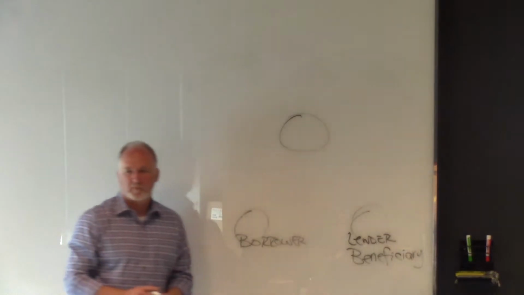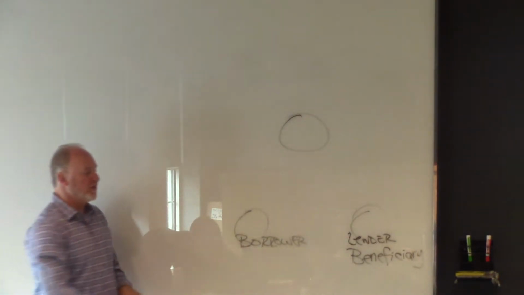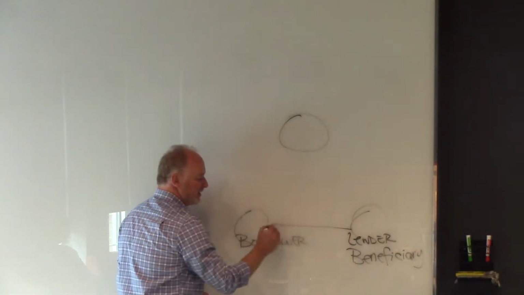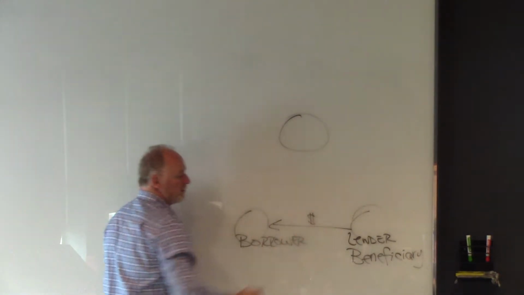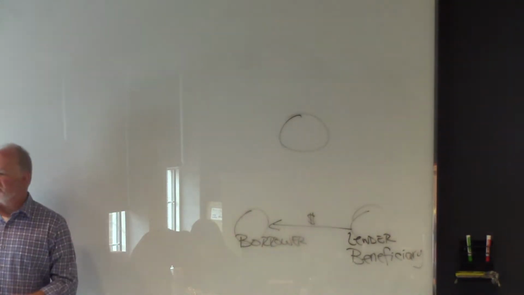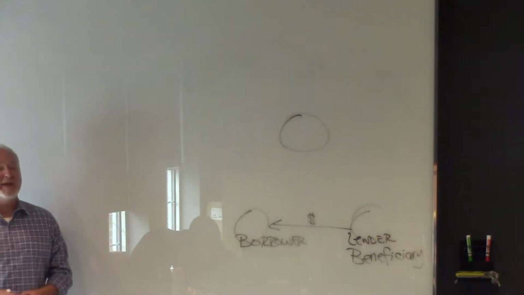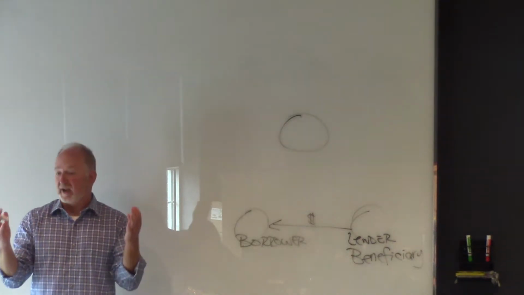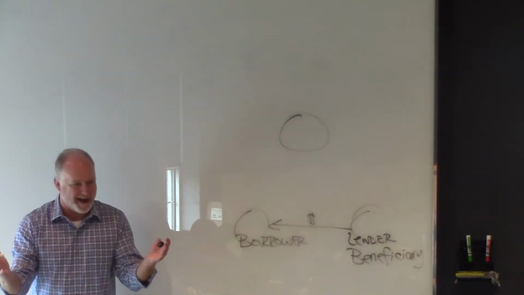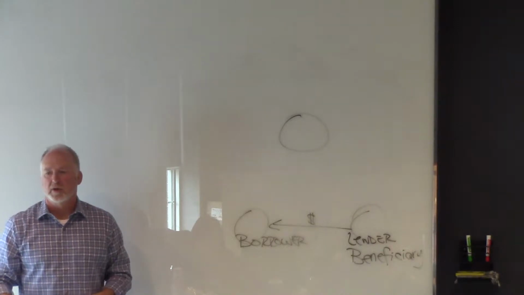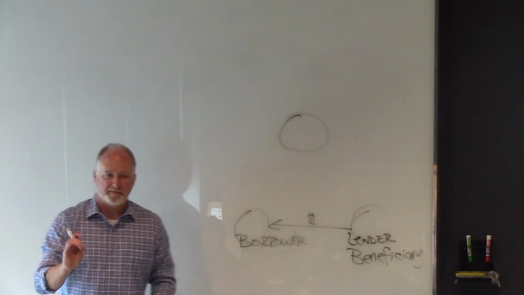Okay? The borrower goes to the bank, and the bank gives the borrower money. So far, so good? And then the bank says, we would like some collateral. Well, what do you want? Your house. That's what we want as collateral. So I want you to watch this.